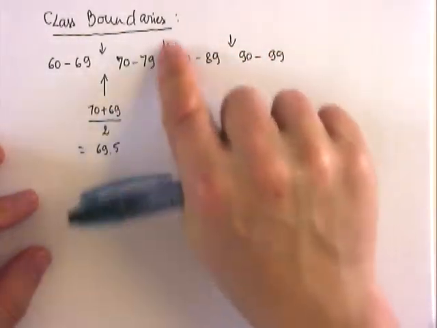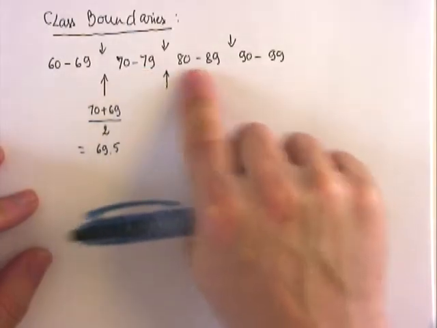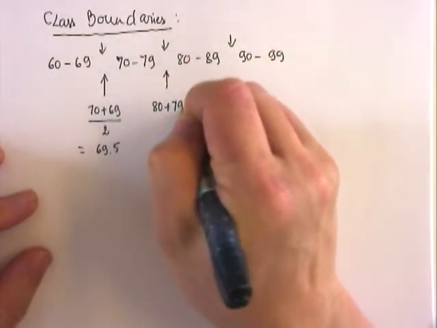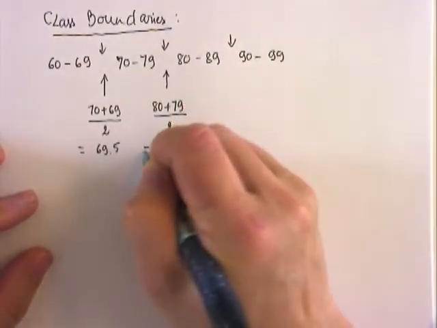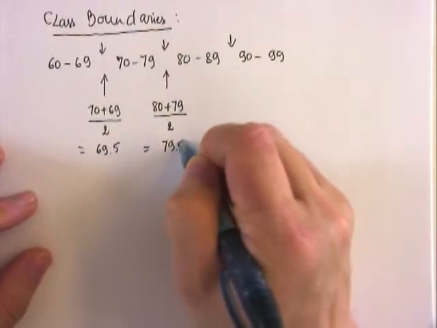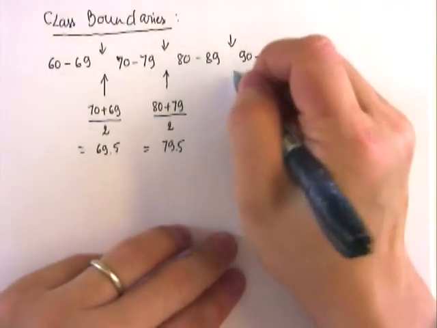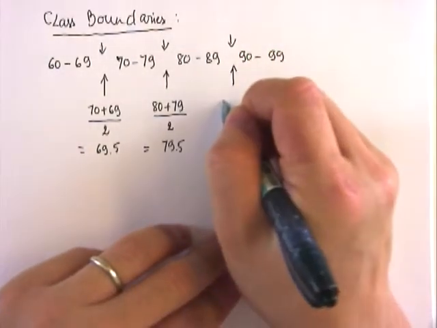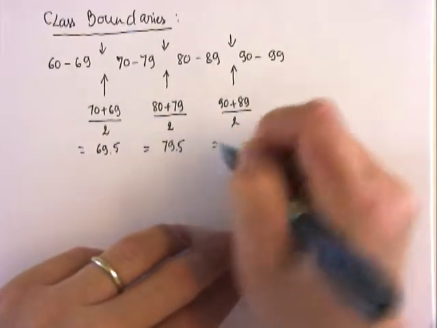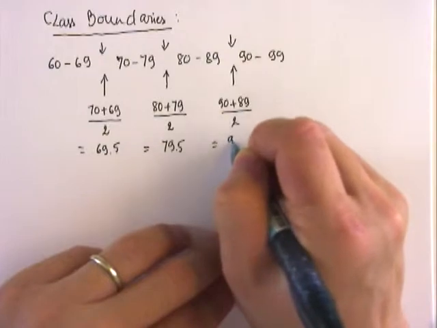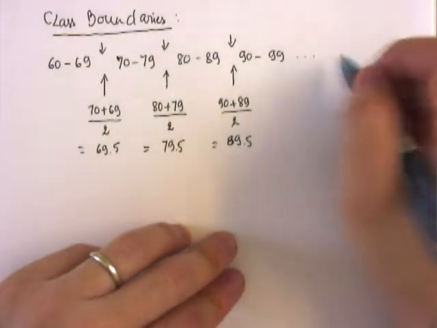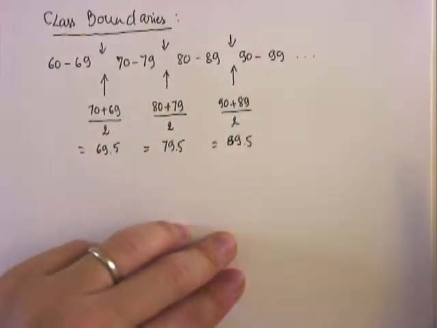So the dividing line between these two classes would be 80 plus 79, divided by 2, and that class boundary would be 79.5. Then here we have 90 plus 89 divided by 2, which gives me 89.5. If you keep doing this, you'll find all the other class boundaries.